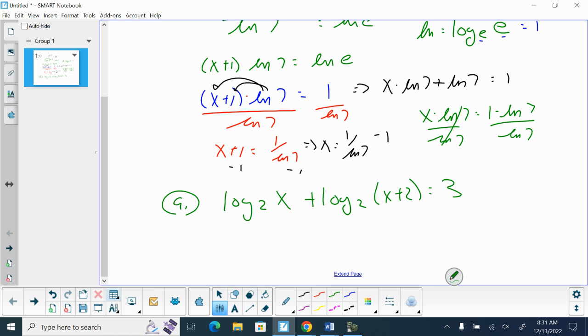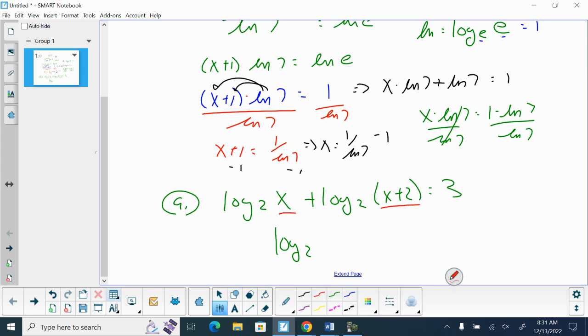Using our properties of logarithms on the left-hand side, I have two log base 2's that are being added together. I can combine them into one log base 2, but what do I have to do with the x and the x plus 2 then, using our properties of logs?